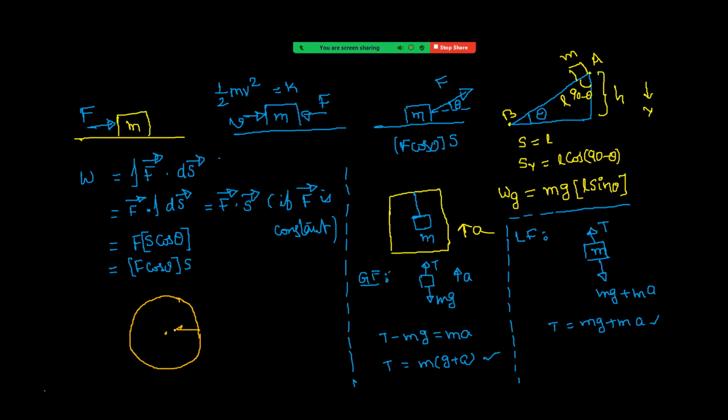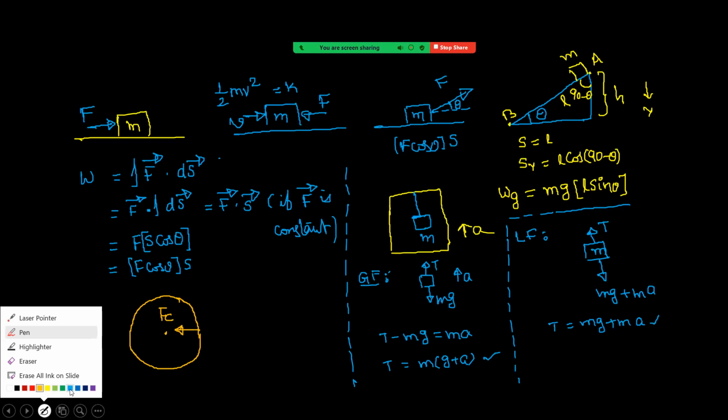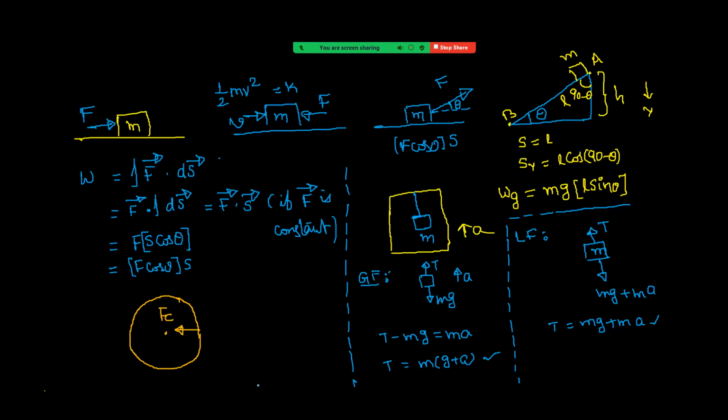if you focus, centripetal force is always towards the center. Let us take it as F suffix C, centripetal force. And if you focus on a small displacement, let us take it as dS, a small displacement. A small displacement means the direction will be along the tangent, right?